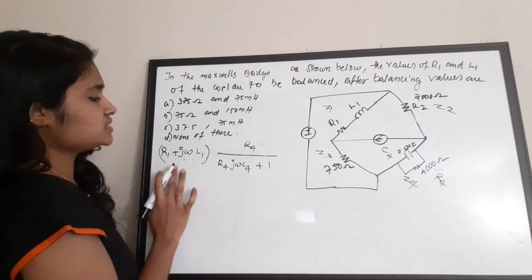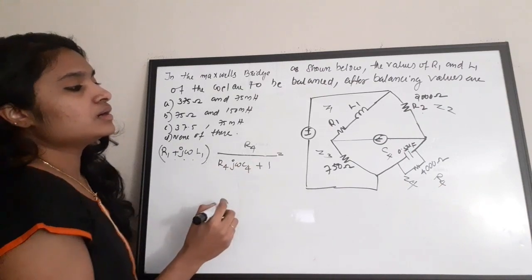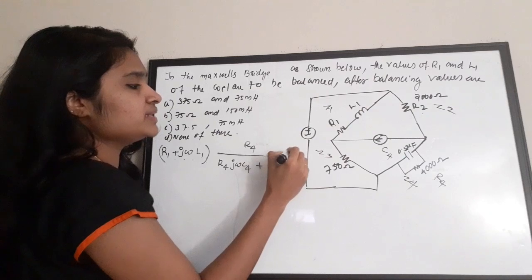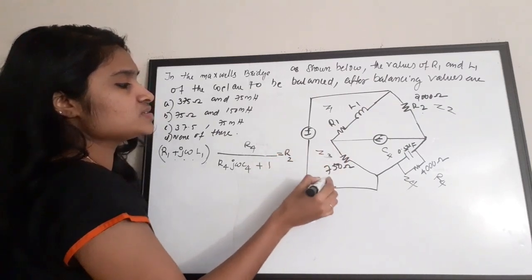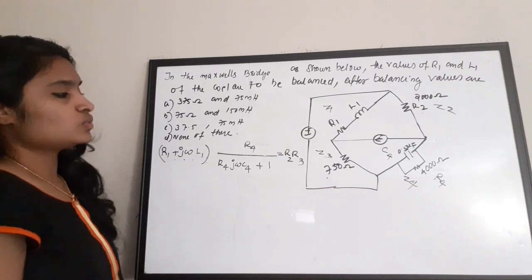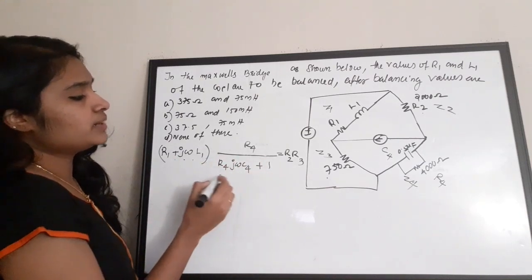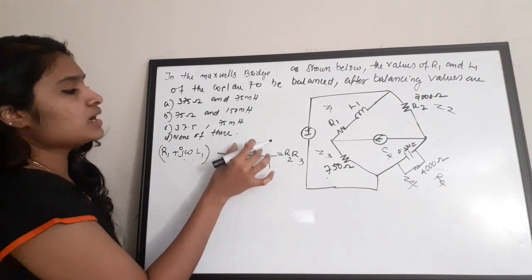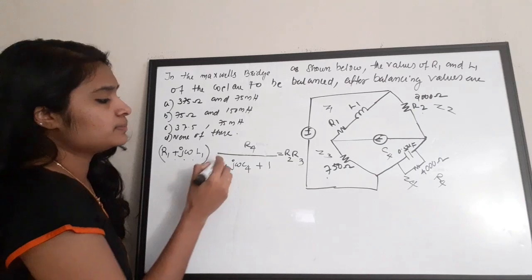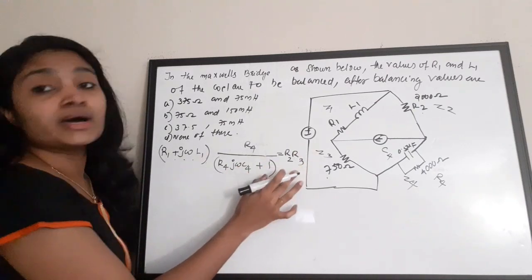So Z1 into Z4 is equal to Z2 into Z3. Z2 is simply a resistor R2, and there is another resistor R3, so it is R2 into R3. Very simple, right? Now we have obtained this equation. Next, I am going to multiply R4 inside the bracket and take the denominator over to multiply with R2 R3.